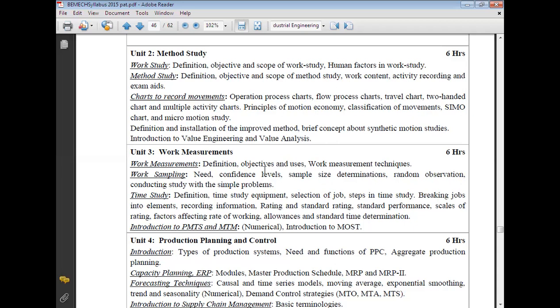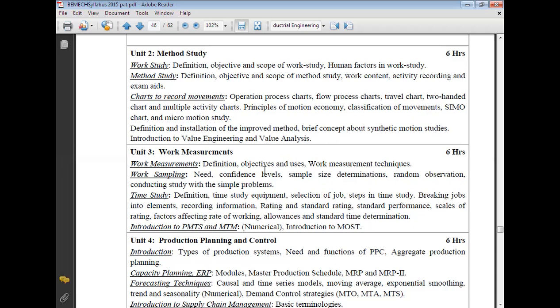In the third unit we will be discussing work measurements. Work measurements, we will be discussing definition, objectives, and its uses. Work measurement techniques, that is what we will be discussing.